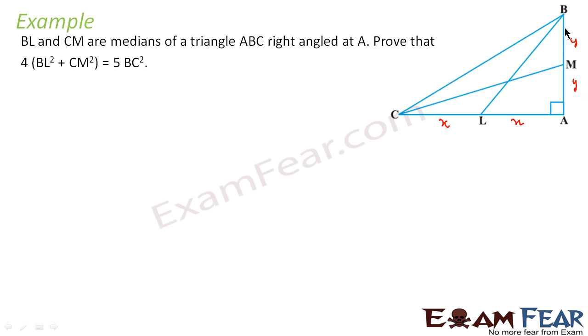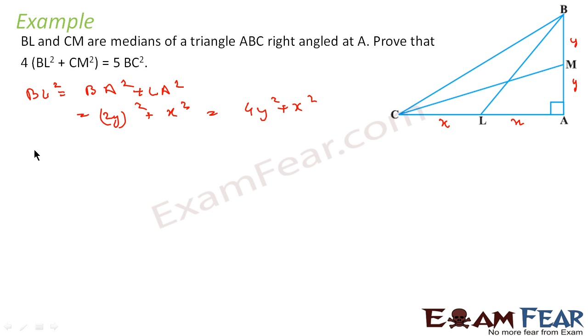So first try to find BL square. BL square is nothing but BA square plus LA square, because in triangle BLA, angle A is 90 degrees. BA is 2y, so 2y square plus LA is x square, that is 4y square plus x square is BL square.